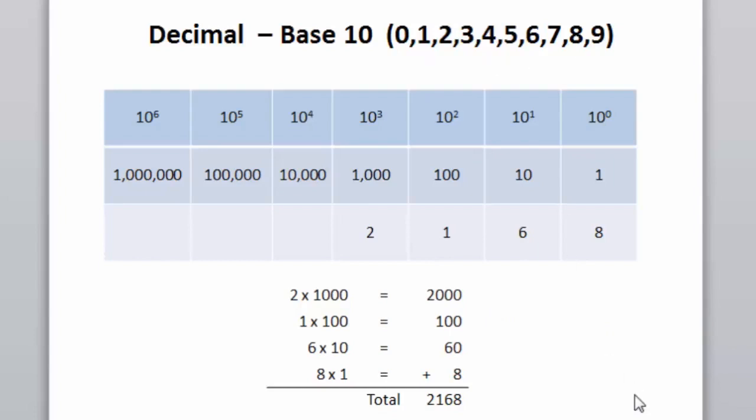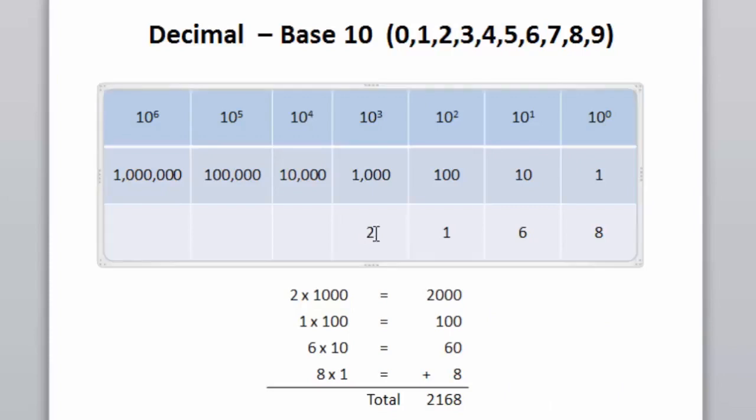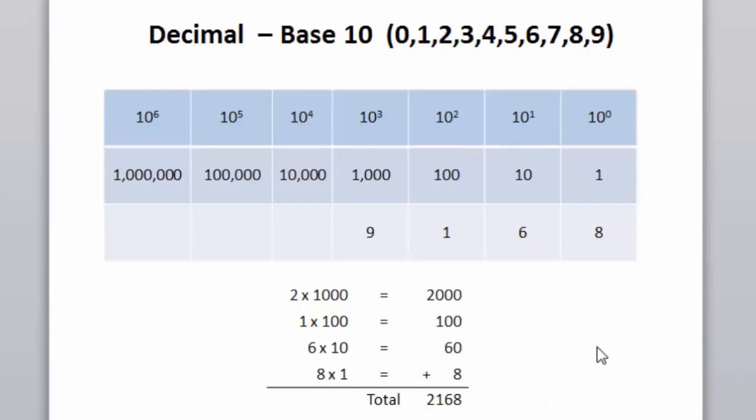In other words, if I had the number 9,168, I'd simply replace the 2 here with the 9, and now I have 9 1,000s totaling 9,000 in the 1,000s place. So in any one of these place values, you can have the number 0 all the way up to 9. This is the base 10 decimal number system.